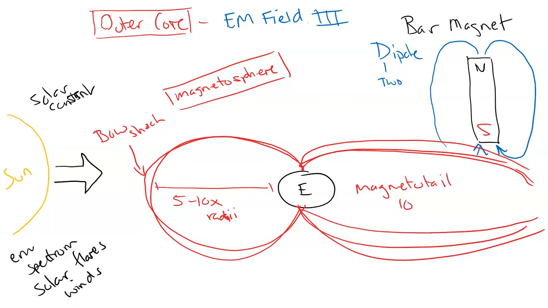It can extend up to 1,000 times the radius of the Earth away from the sun. So this could trail off for a very, very long distance. And the sun's energy is then pushed over and it basically is protected by what's called a magnetosheath.